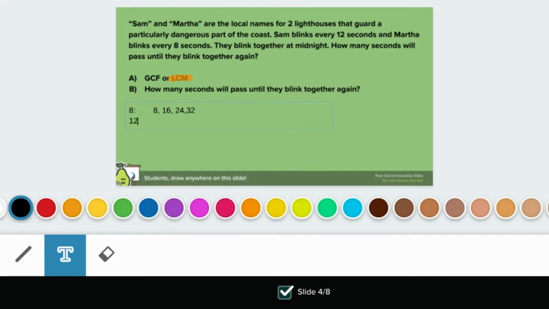Then I'm going to list out my multiples of 12. So 12, 24, 36. Do I see any number that's the same? I do. So I am going to circle the number that I see the same, which is 24.